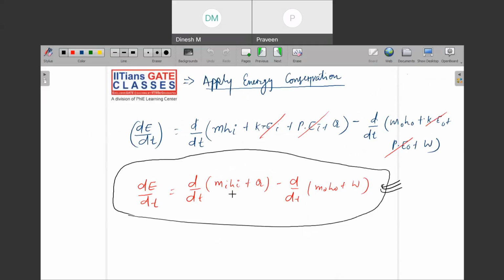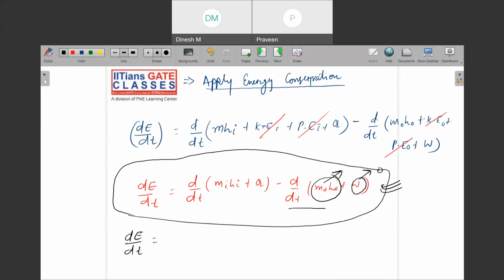If there is no mass in the initial state, then this term will become directly zero, and this is also zero because there is no mass.